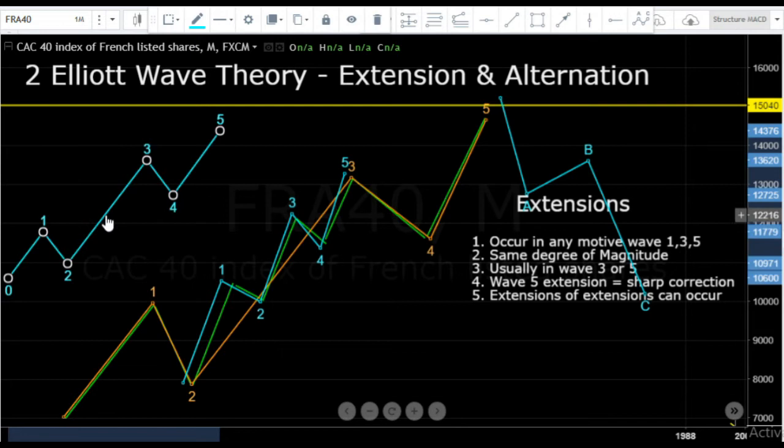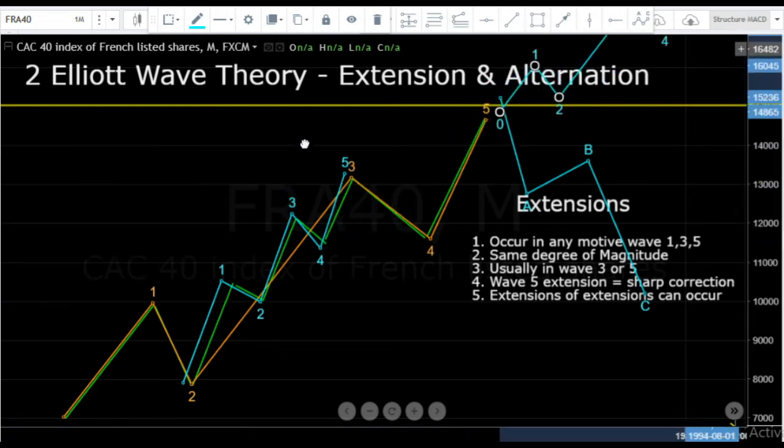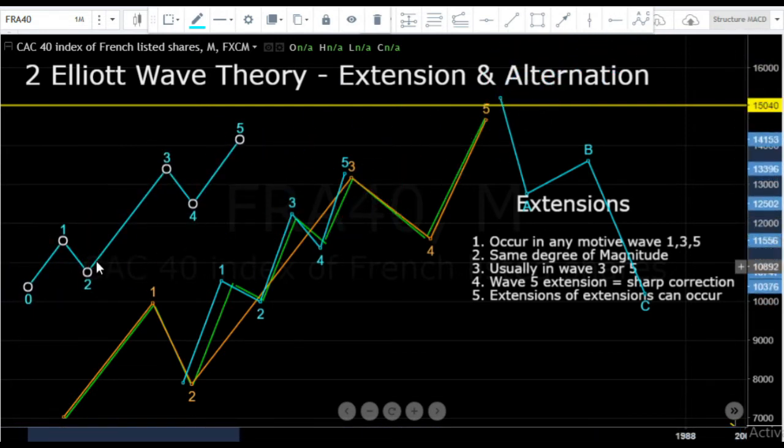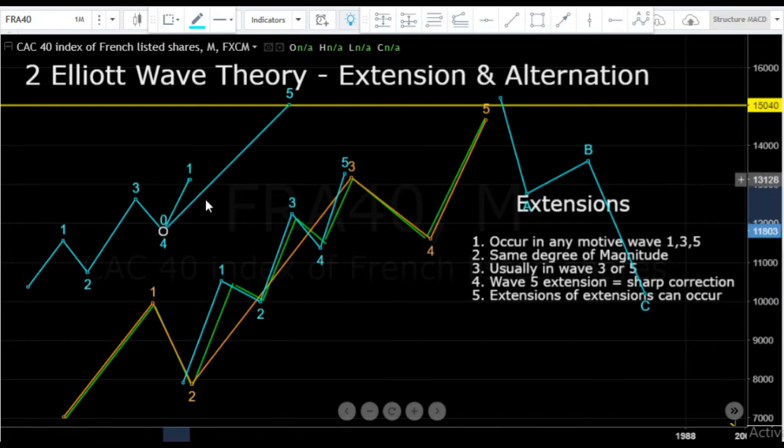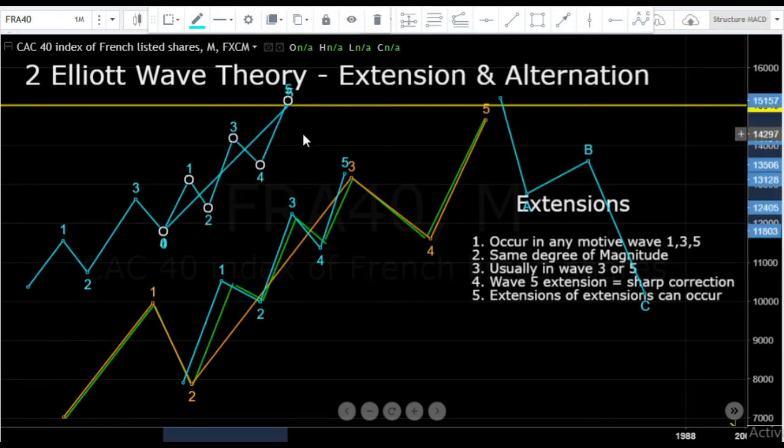So that's an extension that would normally come on the end there, but we can have extension in here as well, and it might often be an extension of the wave 5 as well. So when we get 3, 4, this becomes 1, 2, 3, 4, 5. So we have an extension of an extension.